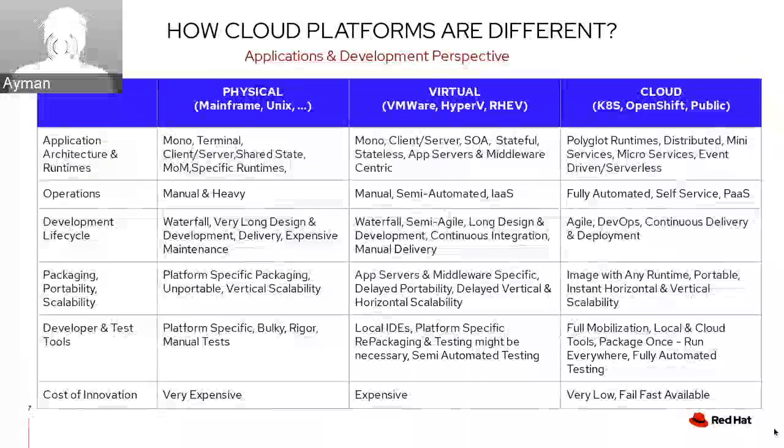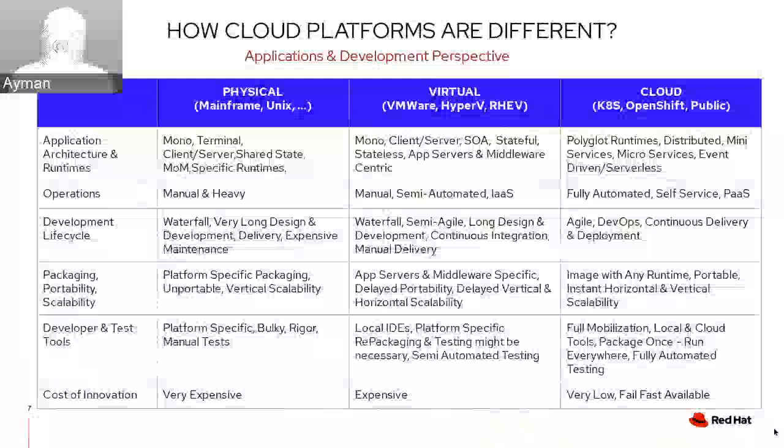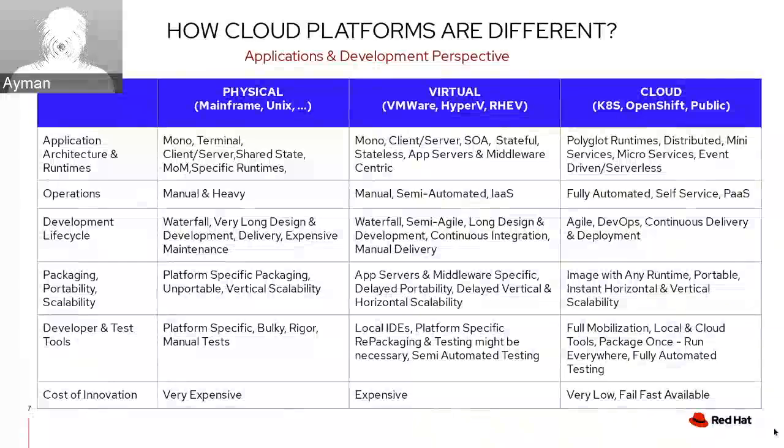But if you talk about application runtimes, it's moved from physical infrastructure to virtual to the cloud, like mainframe, Unix, VMware, Hyper-V to Kubernetes, OpenShift, and public cloud. Application runtimes were mono, terminal, message-oriented middleware. Now they move to SOA, stateful application servers and middleware centric.